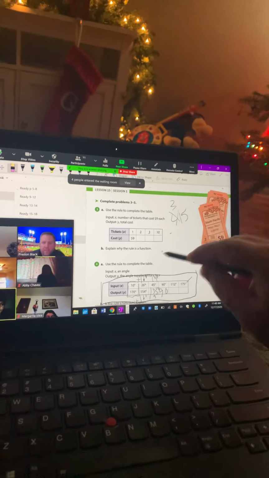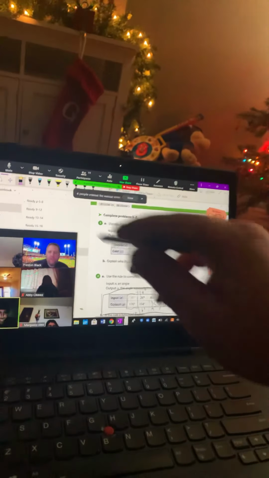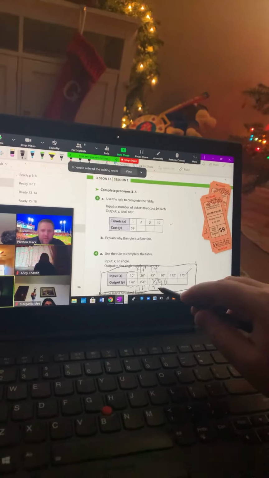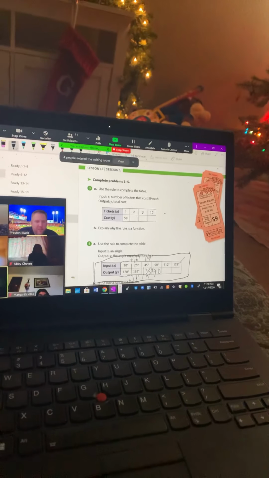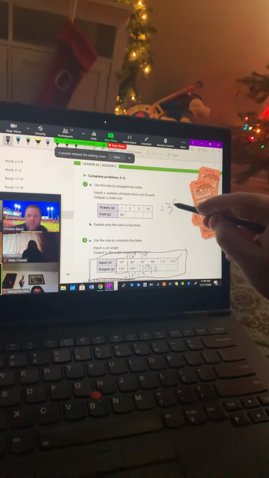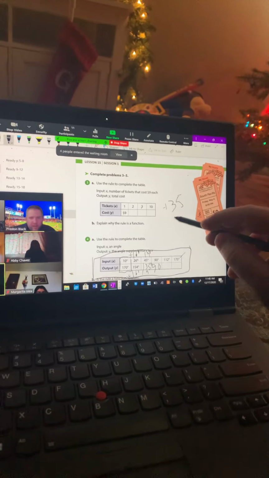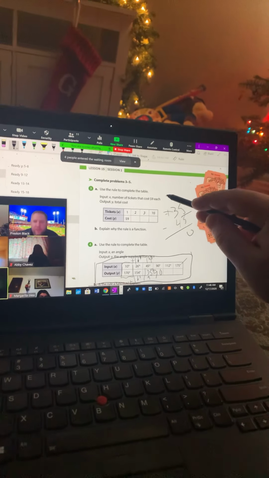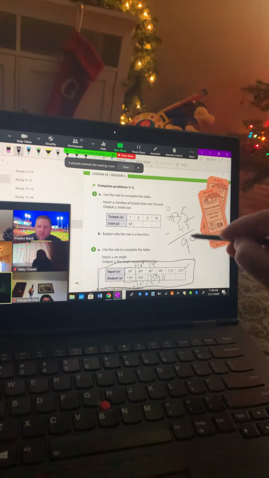Or 45, right? So if we know there's a 45 degree difference in the input, there's going to be a 45 degree difference in the output. So if you didn't know what supplementary angle meant, you could just do 135 minus 45. It gives you 90.